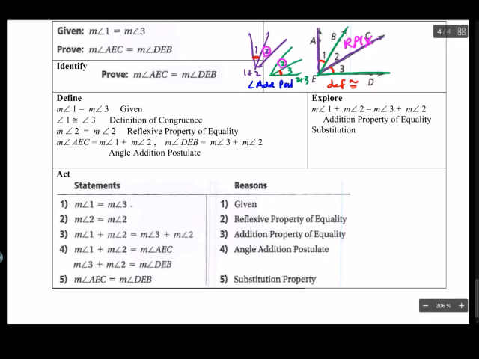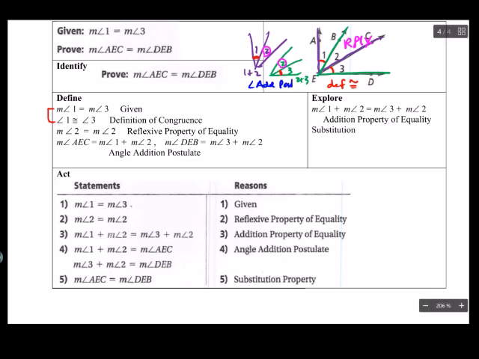So let's look at what we have here. We are given the measures of 1 and 3 are the same, which means, once again, we can say that they are congruent. We may or may not need that, but it's something we have available to us every time. And angle 2, the measure of angle 2 equals itself because of the reflexive property of equality.